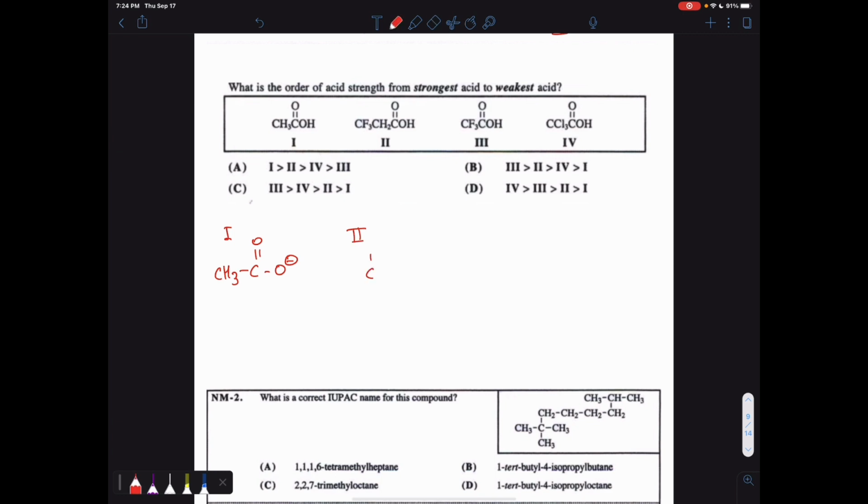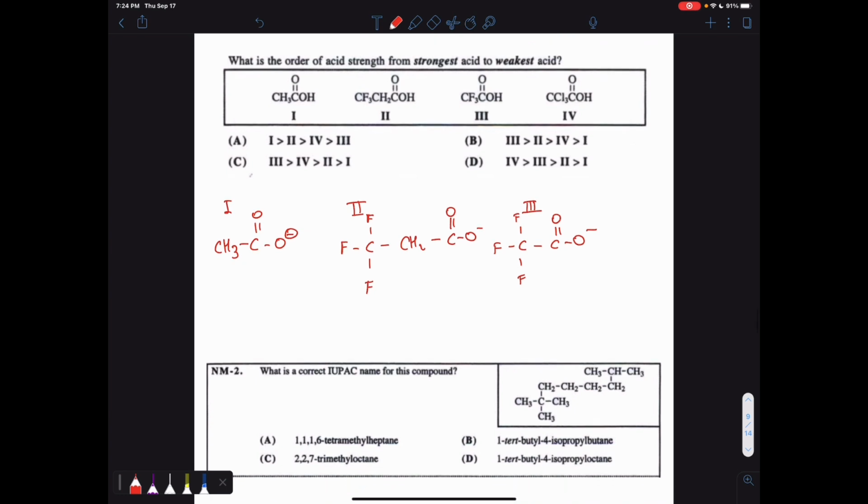So CF, F, and then F, CH2, C double bond O, O minus. For number 3, we have CF3, and then C double bond O, O minus. And for the last one, we're going to have CCl3, C double bond O, O minus.